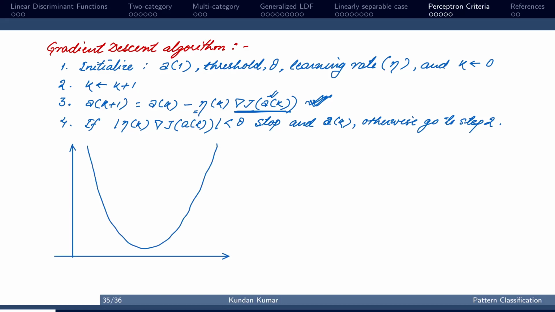Suppose this is our solution surface, where on the x-axis we have the weight and on the y-axis we have the criterion function. Here we have considered that our initial weight is J1. So suppose this is our initial value, and here we have a rolling ball. If we leave this ball, then it will move in this direction.